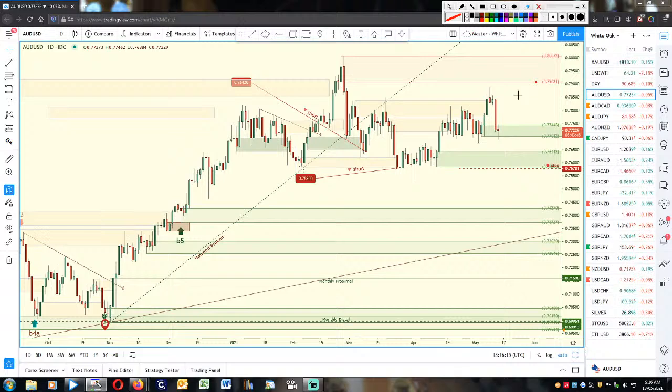I hedge in my positions if my initial analysis was incorrect, or many times what I'll do is I'll enter into a position before the markets are clear, before the institutions are showing me where price is going to go. So I'll make a determination. I'll say, okay, I think the risk is pretty decent. I'll start getting into a position here. And if it goes against me, that's okay, because I know what my plan B is.